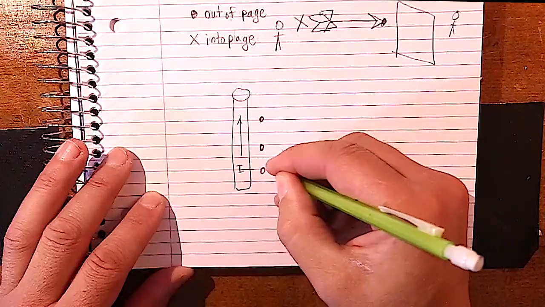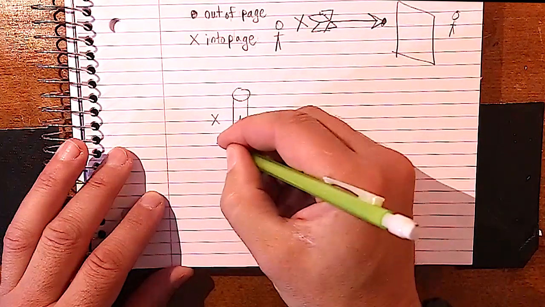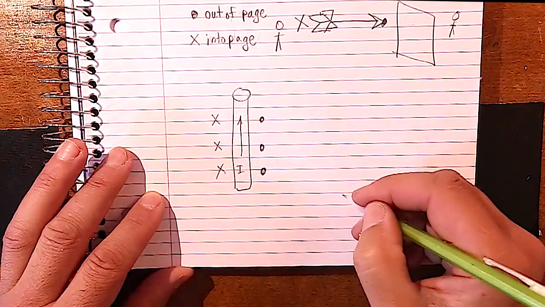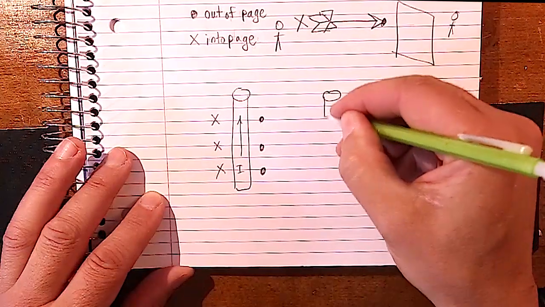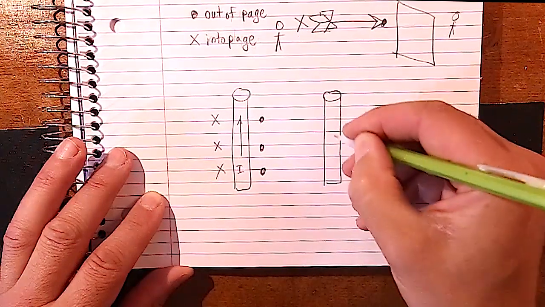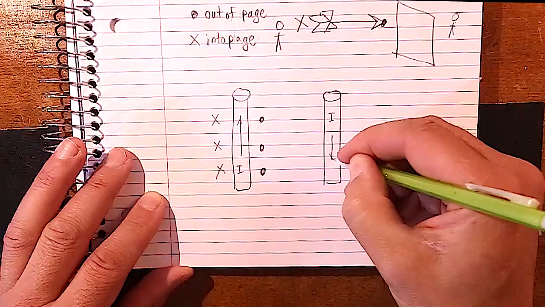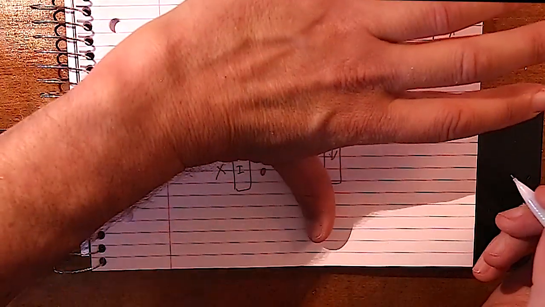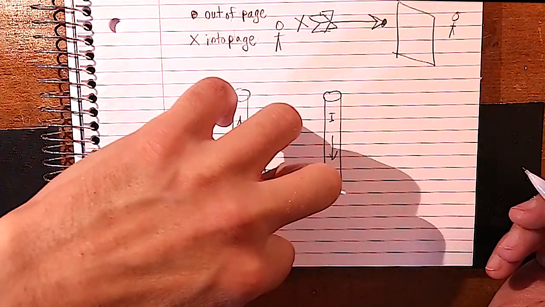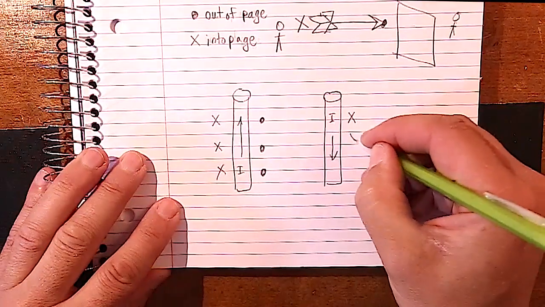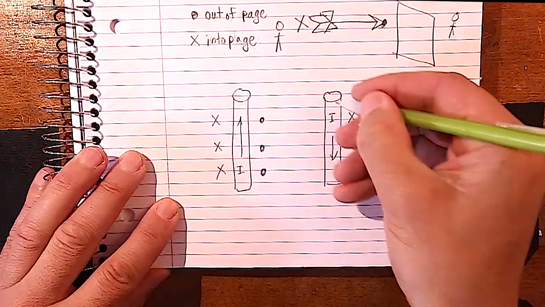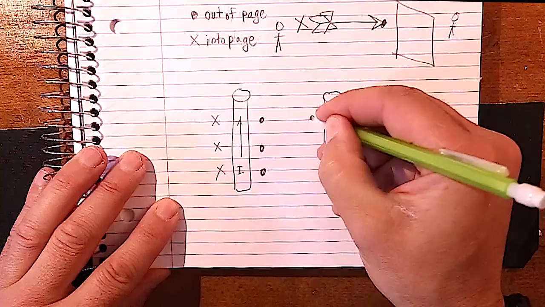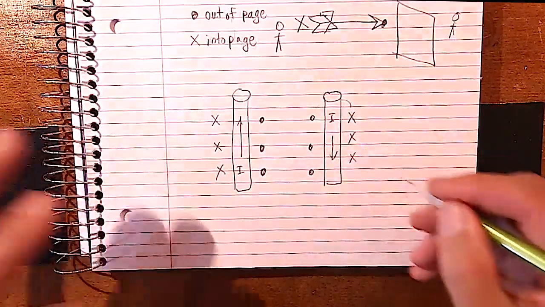So we would represent that with dots, and this side it's going into the page. If we reverse the flow and we said that current was flowing down, in this case we point our thumb down, curl our fingers, and on this side it's going into the page, and the magnetic field is looping around and over here coming out of the page.